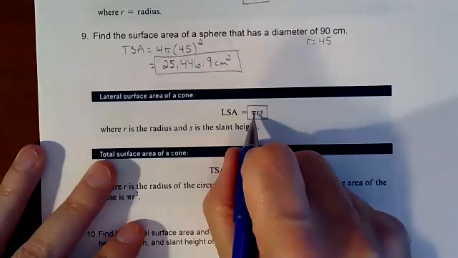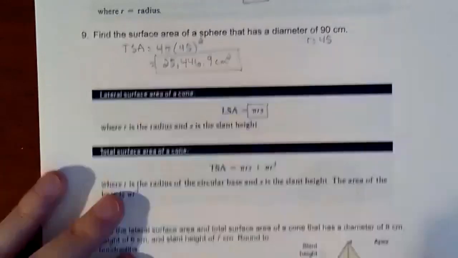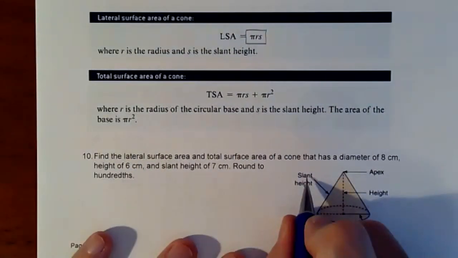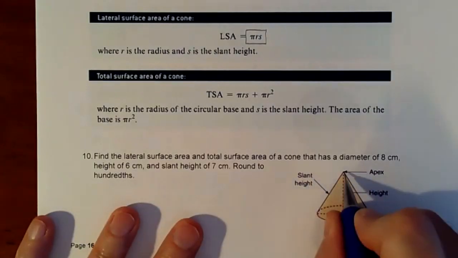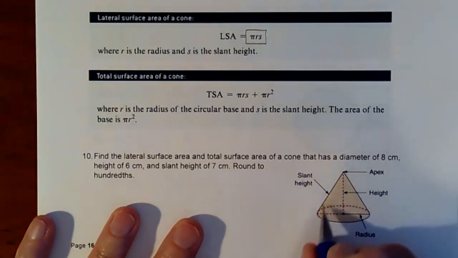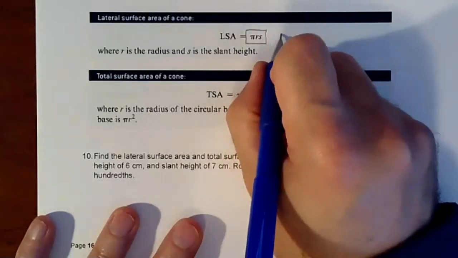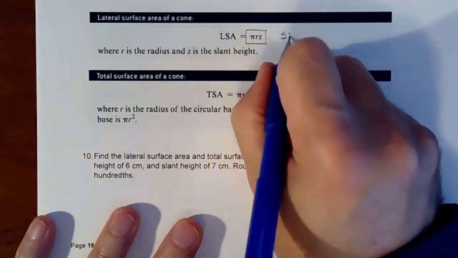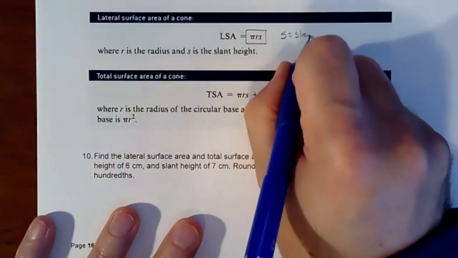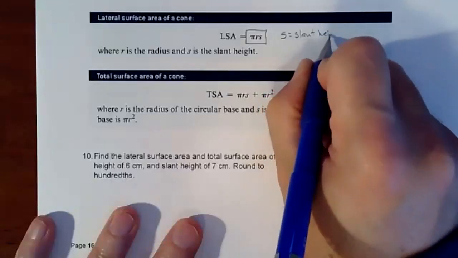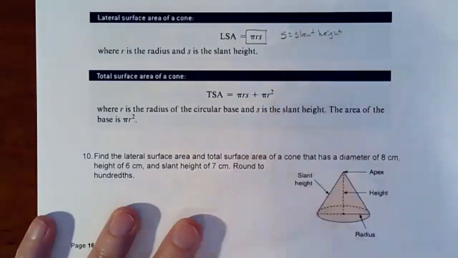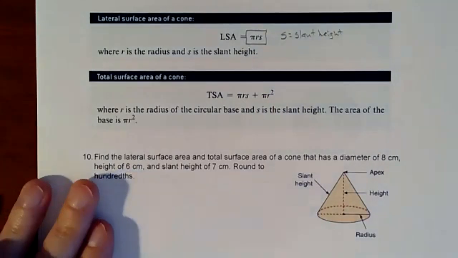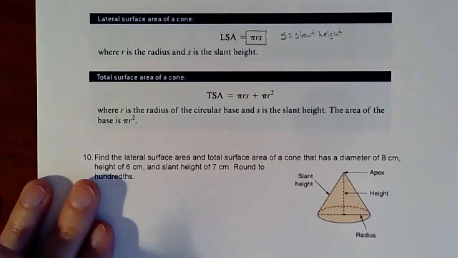So rather than pi r squared, it's pi r times s. S is a slant height, not a true height, a slant height. So S equals slant height, which should be given. You shouldn't have to go find it or anything. You just got to recognize that you have a slant height.